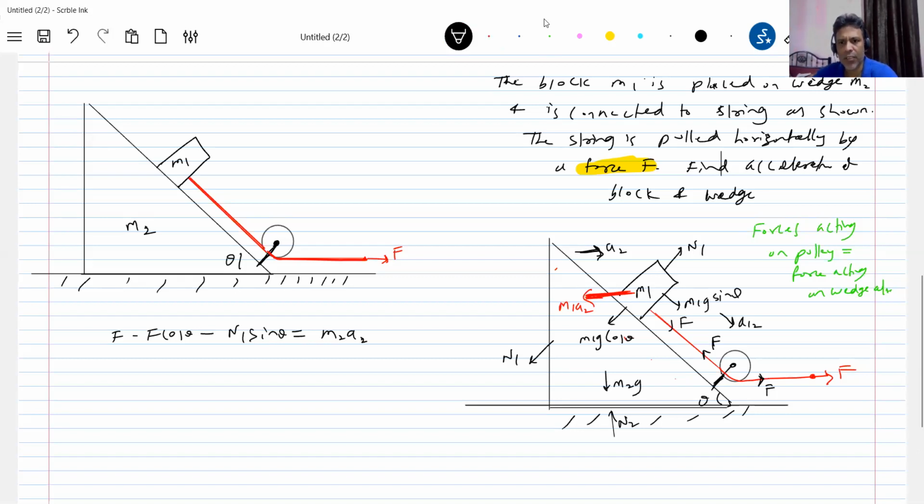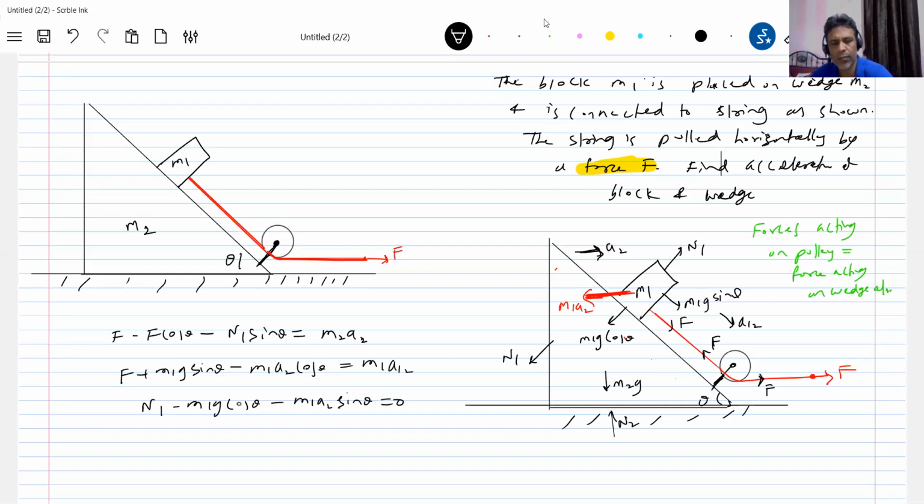The equation of motion is F plus M1g sin theta minus M1A2 cos theta equals M1A12. Then perpendicular to the incline, N1 minus M1g cos theta minus M1A2 sin theta equals 0.